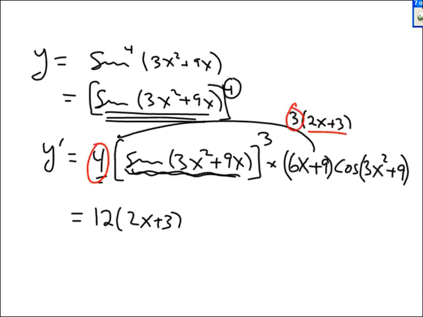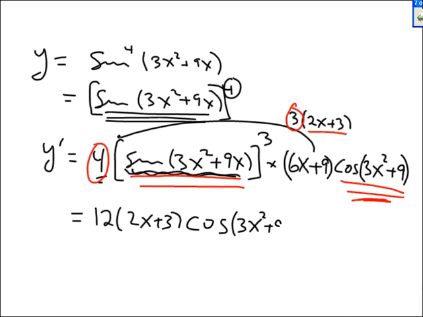Then I'll put that first and then this, because this doesn't have our power. If you didn't do it that way, it's fine. Times the sine of 3x squared plus 9x, but the whole thing is being cubed. And there's the answer to that problem.